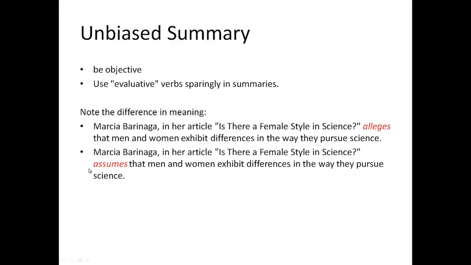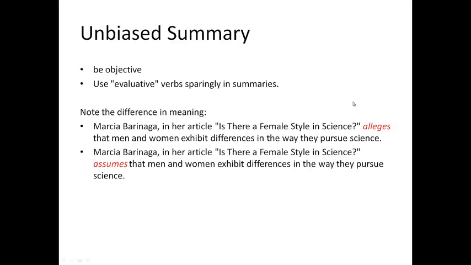So if you've watched the video on denotation and connotation, you already know that words can have emotional associations. And when you think of this word alleges, it's kind of like someone has committed a crime. And this word assumes, in its denotation, actually means someone who says something without necessarily having proof.